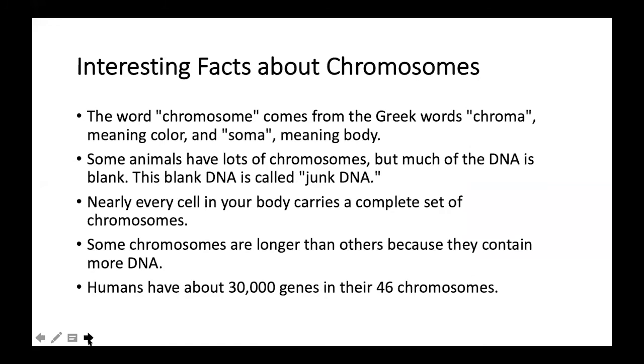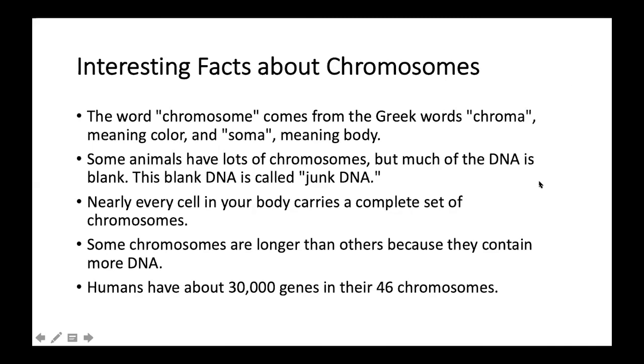Here are shown some facts about the DNA. The word chromosome comes from Greek: chromo means color, and soma means body. Some animals have lots of chromosomes, but much of this DNA is blank, and this blank DNA is called junk DNA.